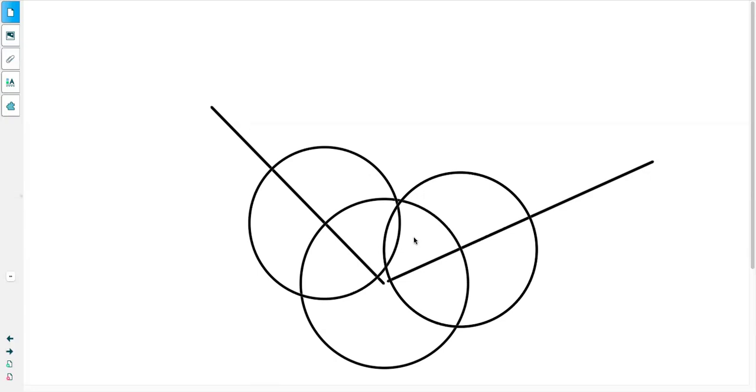And then a line straight through where those intersect, and that's our angle bisector.